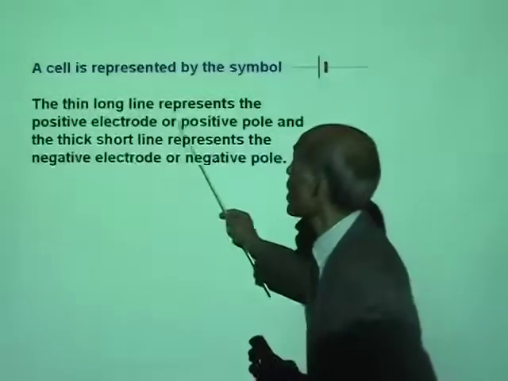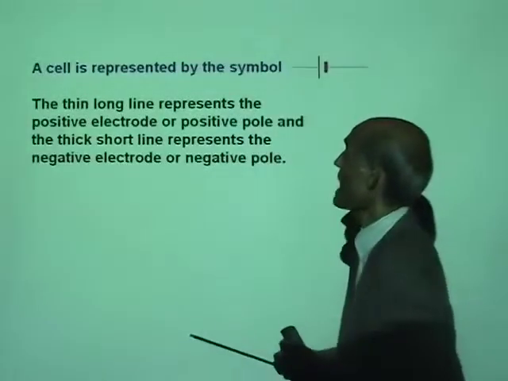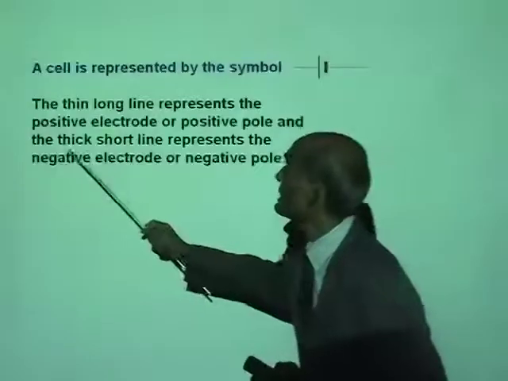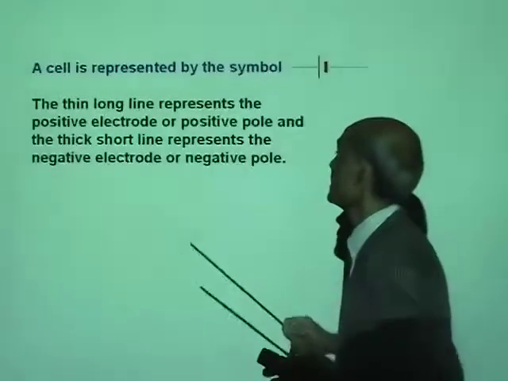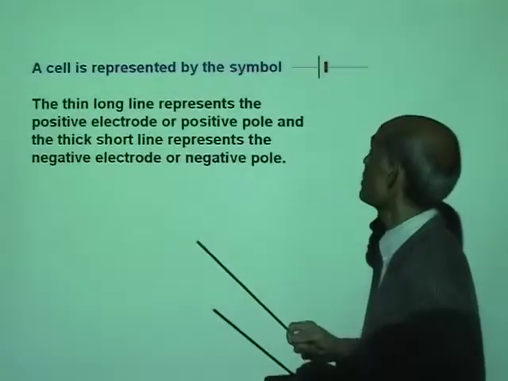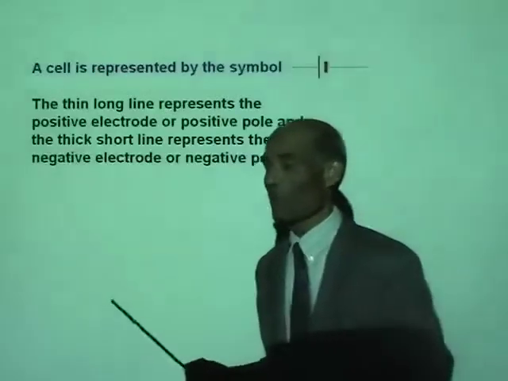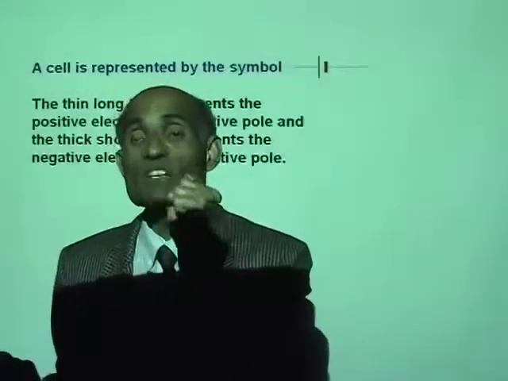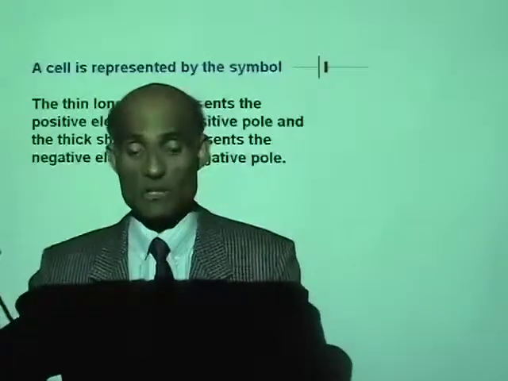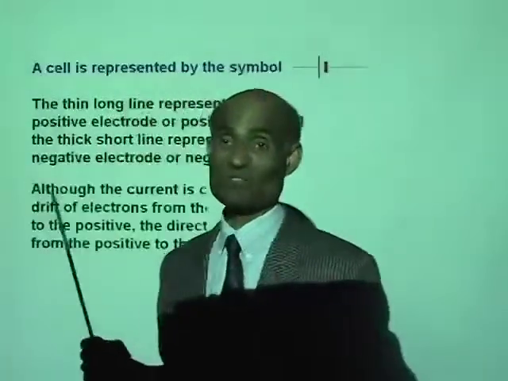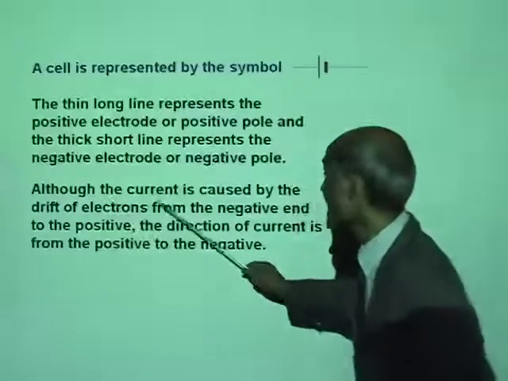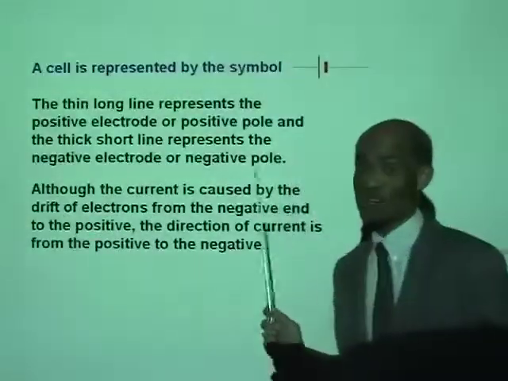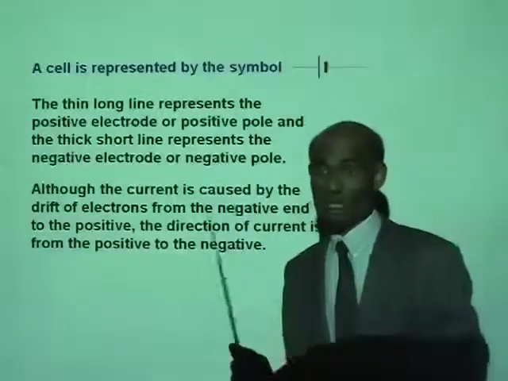So the thin, long line represents the positive electrode or the positive pole, and the thick, short line represents the negative electrode or negative pole. So in the cell that I assembled here, the zinc is the negative electrode and the copper is the positive electrode.